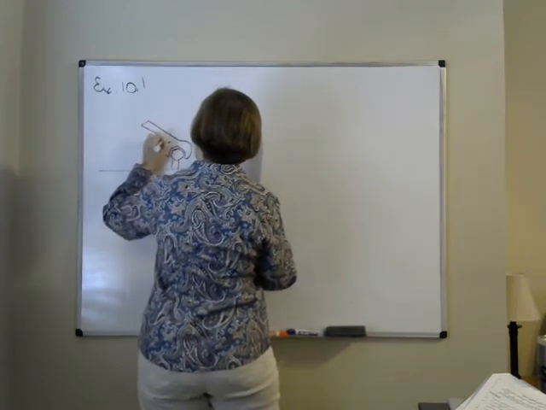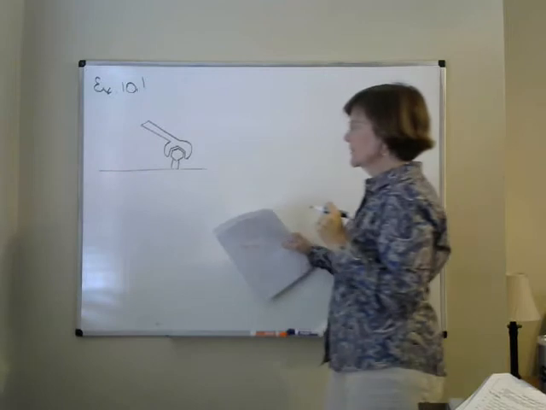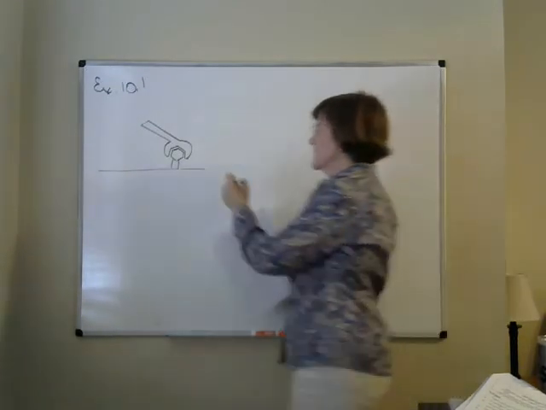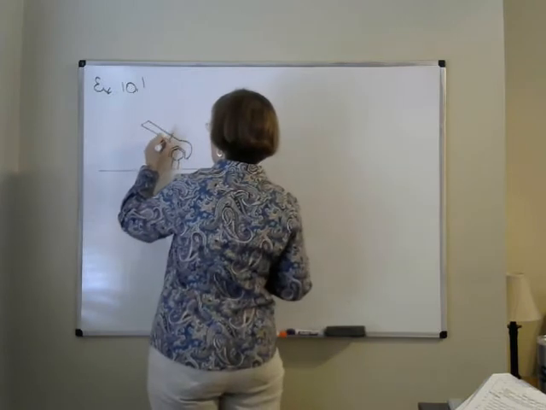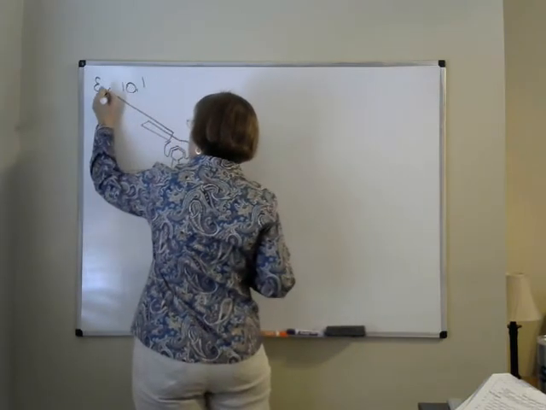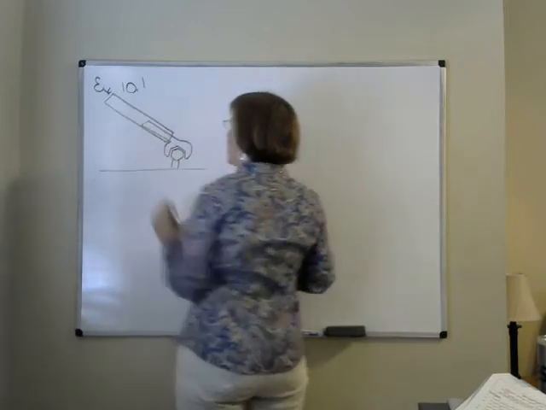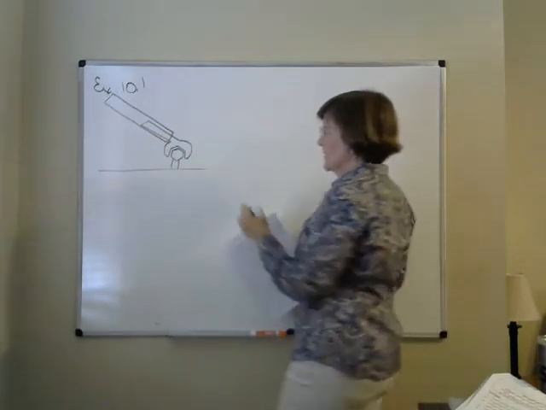So there's the wrench. Not drawn perfectly, but you get the idea. He can't budge it. So he takes this piece of pipe and slides it on. And now all of a sudden he's increased the lever arm.